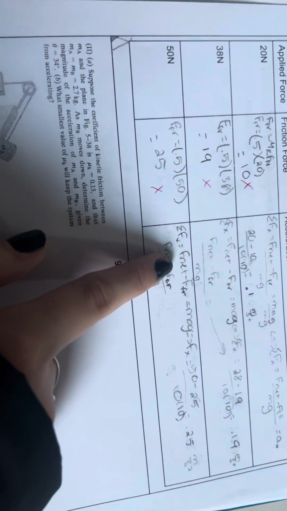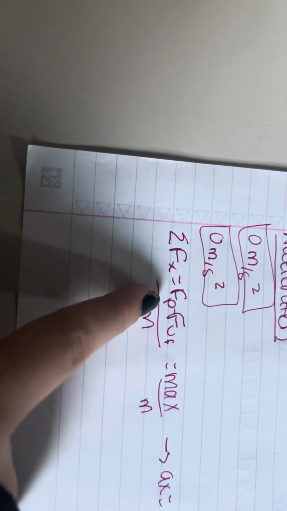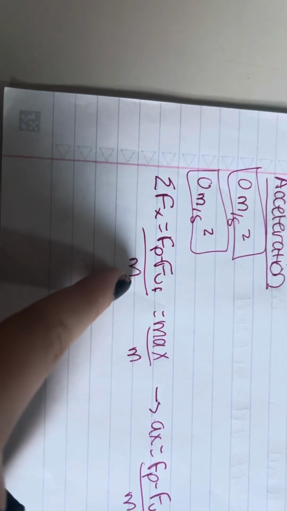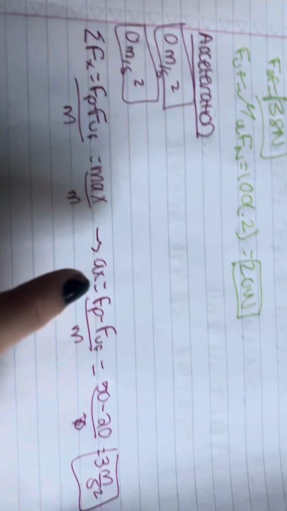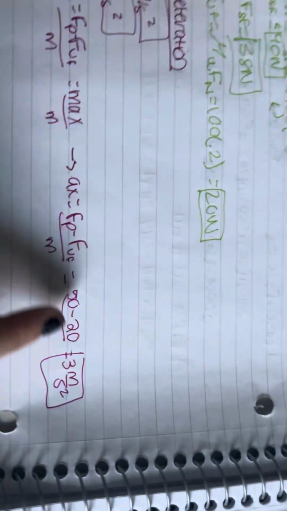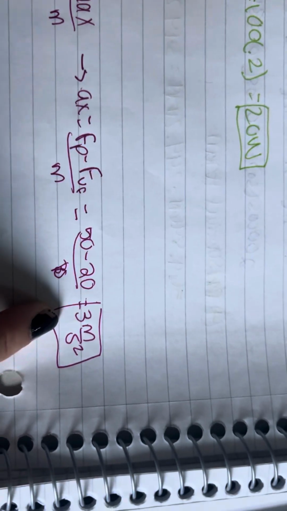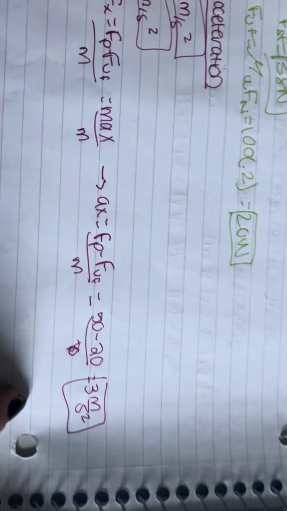These 2 top ones have a 0 acceleration, while for this bottom one, I used the equation F of x equals F net minus the force of friction equals ma, when I should have done F push minus F friction over m. I got that one right. So I should have done this equation instead: 50 minus 20 over this, which would have equaled 3 m/s squared.